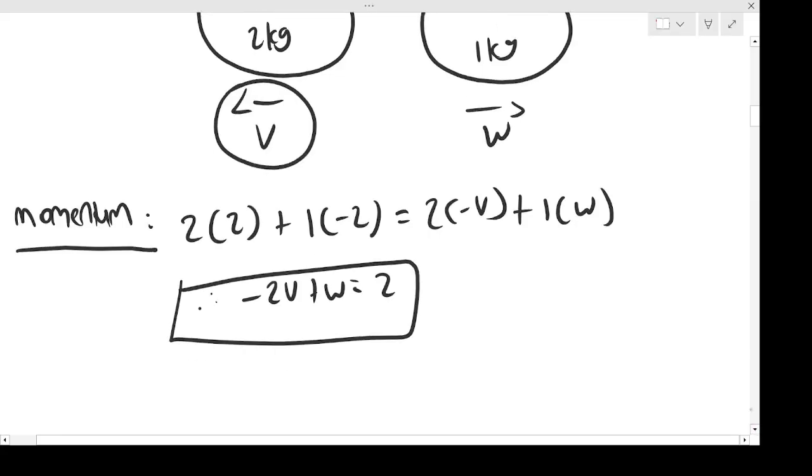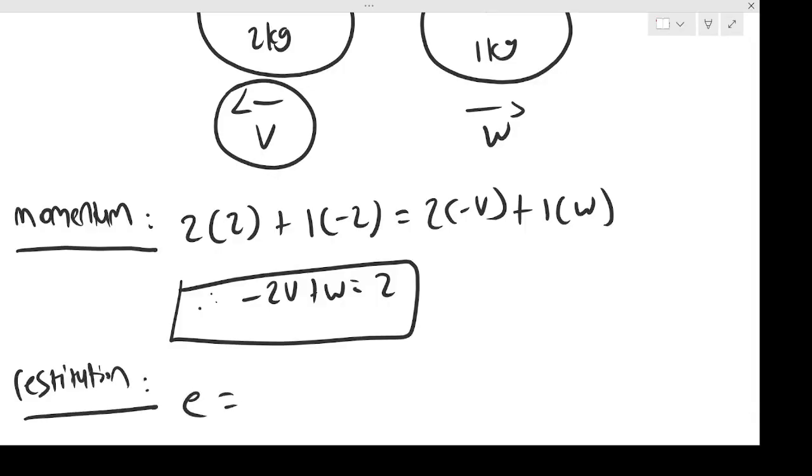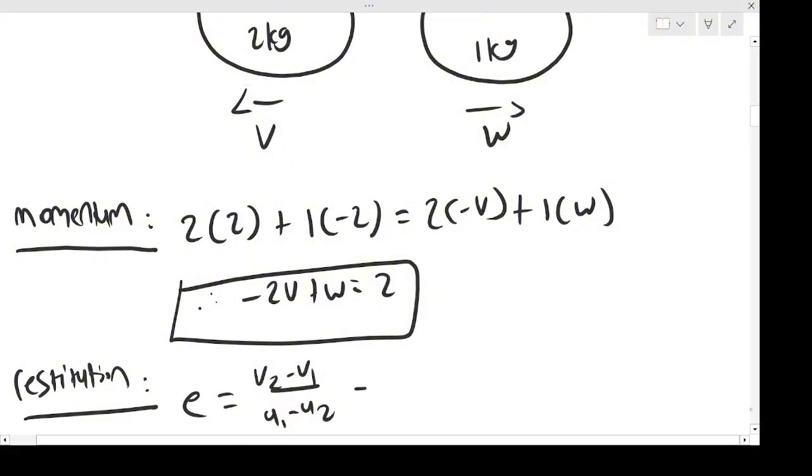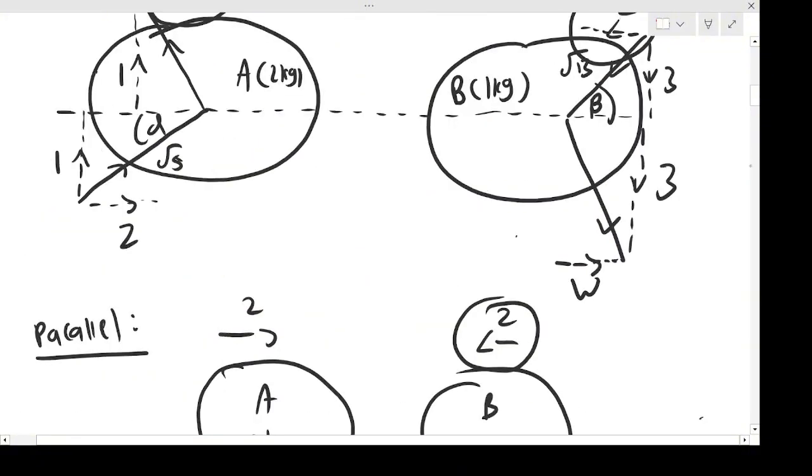Then restitution. So that's going to be E, which is V2 take away V1 over U1 take away U2. Well, in this case, V2 take away V1 is going to be W take away V. But V is in the negative direction, so it's going to be minus V instead, like that. Then U1 take away U2.